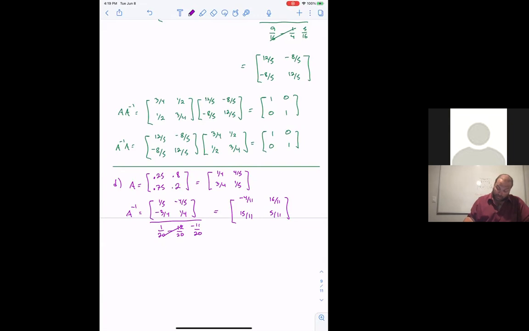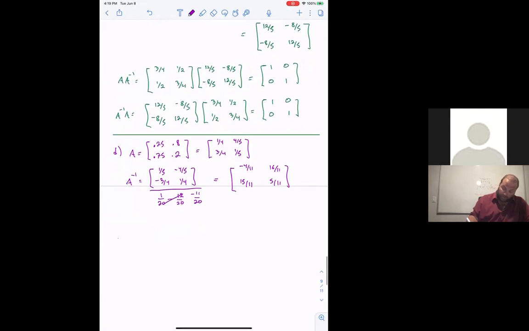So let's do A times A inverse. 1/4, 4/5, 3/4, 1/5 times -4/11, 16/11, 15/11, 5/11.